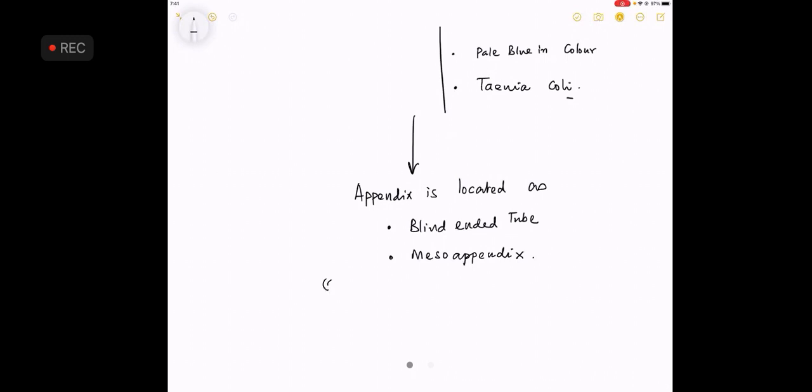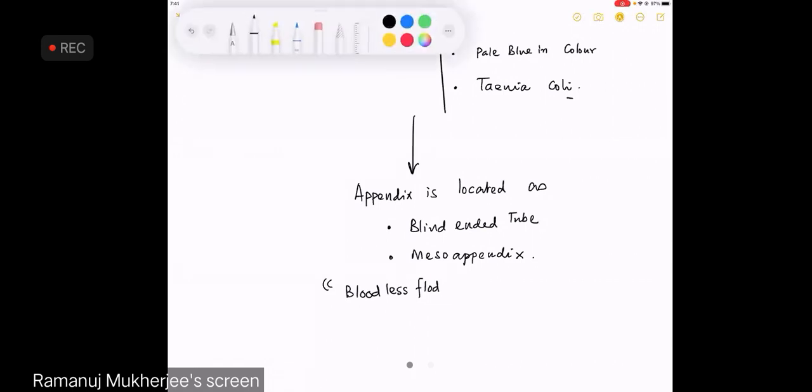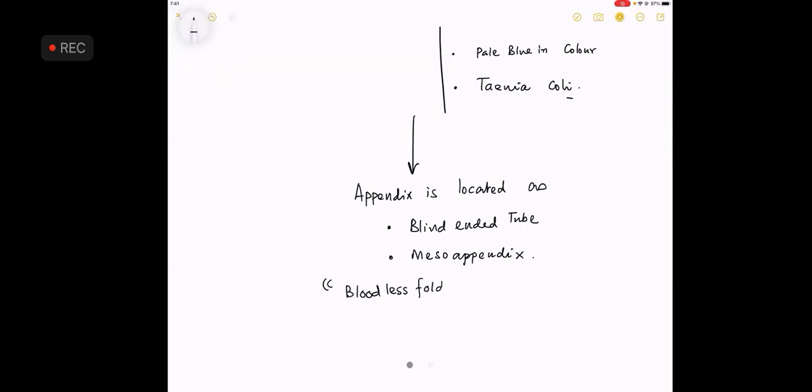For honors getting answer, it is not to be said in the first one. You get a fold called as the bloodless fold of Treves. The bloodless fold of Treves.